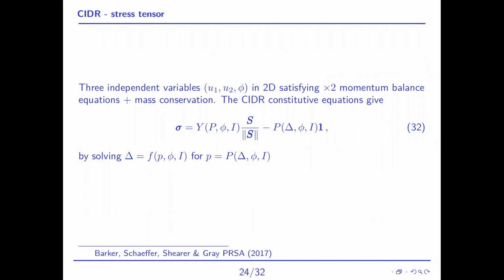We can assume alignment. This time we're differentiating between the shear stress, the shear strain rate, S, and the full strain rate, D, because we're expecting granular materials to differentiate between those in terms of shearing. Deformations are going to be a lot more dissipative than the volumetric ones, and we've already accounted for the volumetric ones in our new dilatancy law.